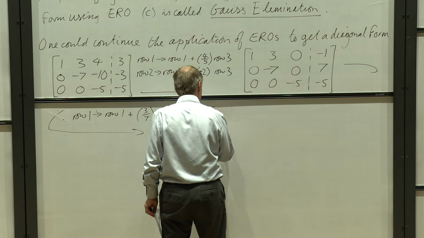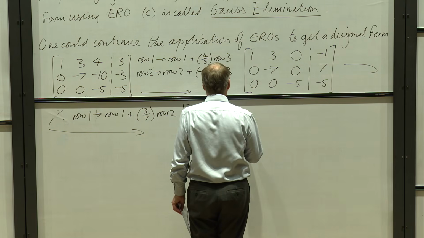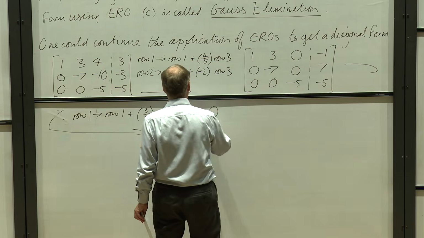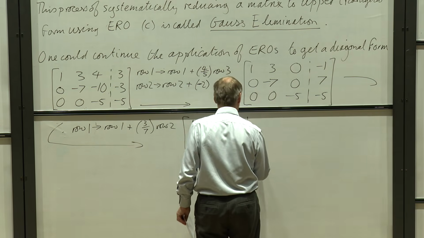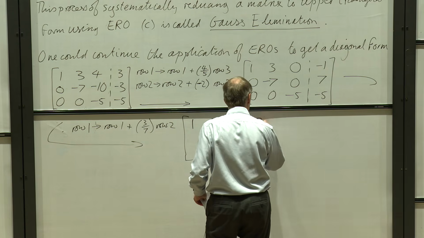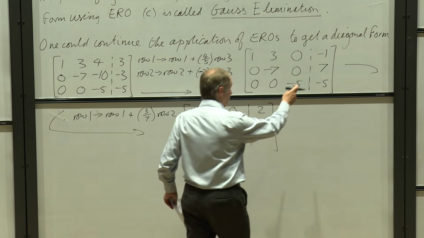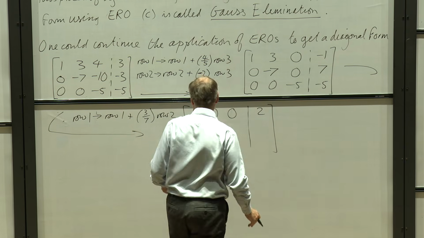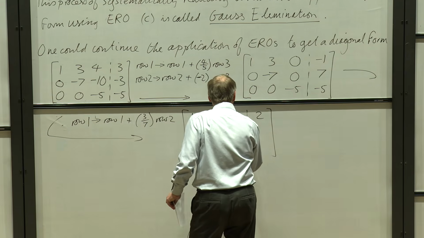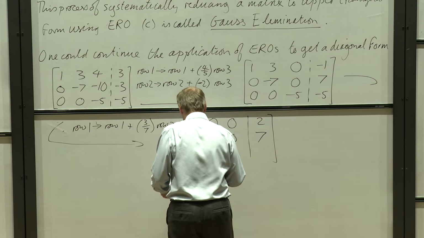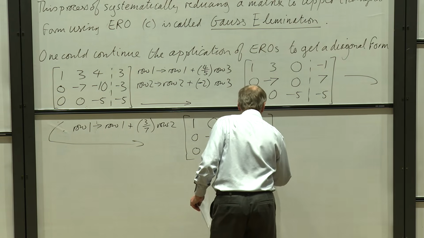This becomes a 0 now, that's the 3/7. Fortunately, this doesn't change. You can see why we use row 2, right? Sorry, this is a 1, what I'm saying. And then this is 0, and this becomes 2, 3/7 of this, and so on. The second row is 0, minus 7, 0, and 7. And the final row is 0, 0, minus 5, and minus 5.